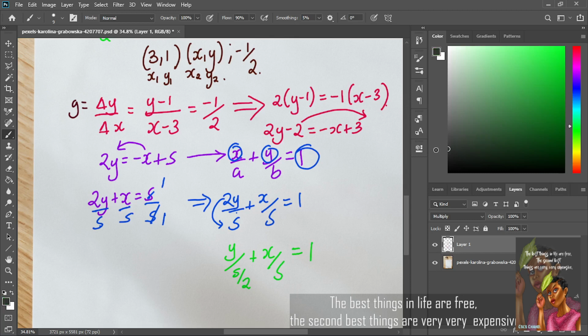The reason is that y divided by 5/2 is the same as y times 2/5, which is 2/5 y, what it was originally. So in essence, we are just writing it in the same way, but making sure that y remains alone on top and x remains alone on top. So this will be the answer in double intercept format.